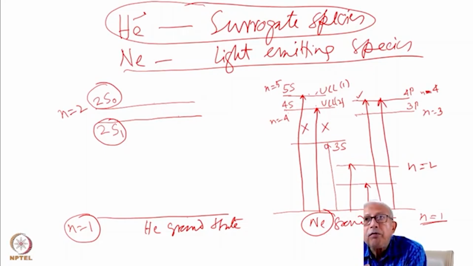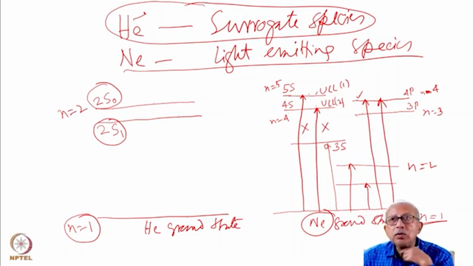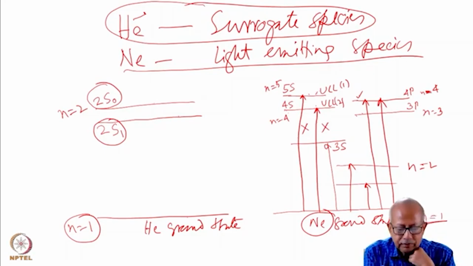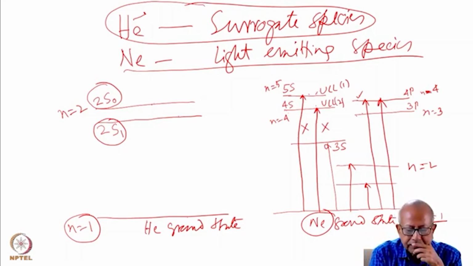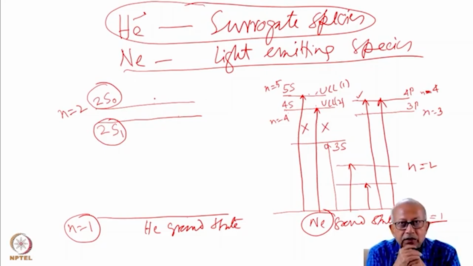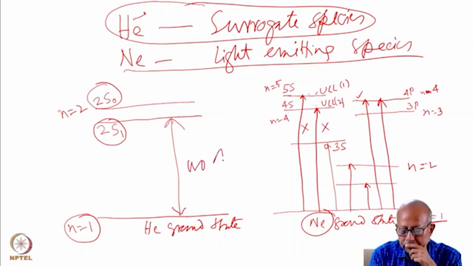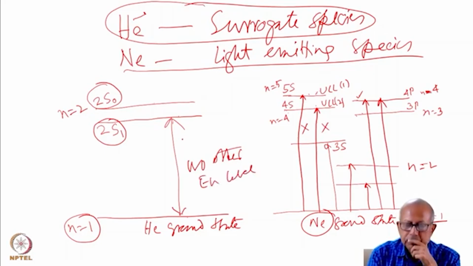I hope you have realized this point pretty well. In contrast, you see, look at these excited states of helium, the first excited state. This is absolutely quiet. There is no other energy level in this space.